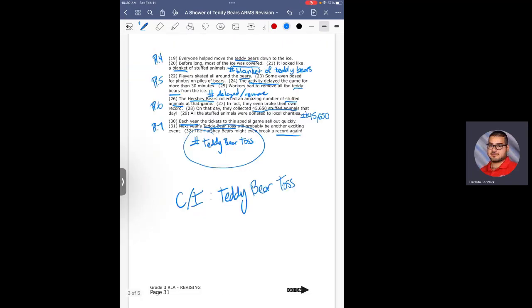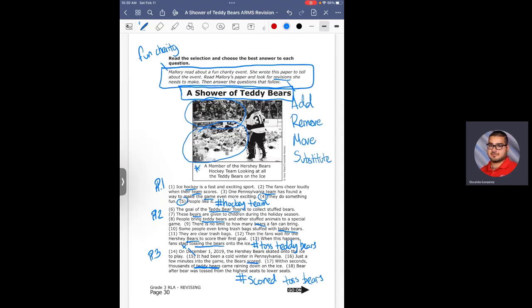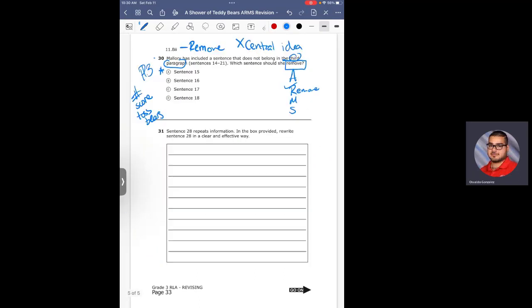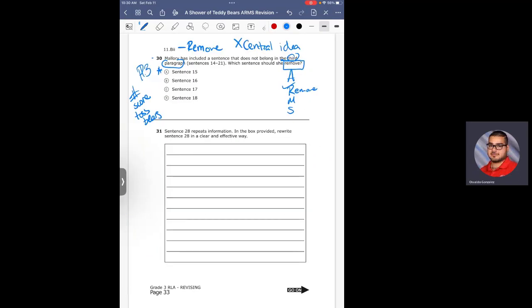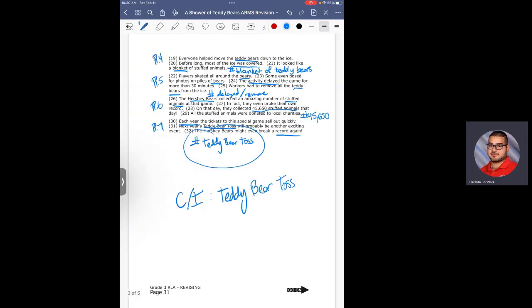Let's look at sentence 16. Sentence 16 states, just a few minutes into the game, the Bears scored. And when they scored, they tossed the Bears, right? So here, the word scored goes with our central idea of this paragraph, the chunked text that we have here. So this one does jive with our central idea. It is related with our central idea. Let's look at sentence 17.